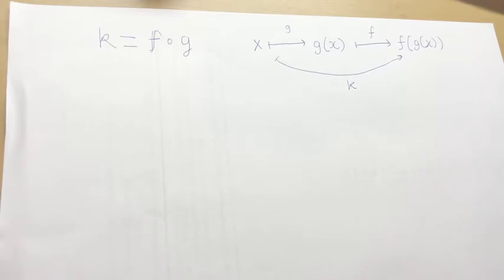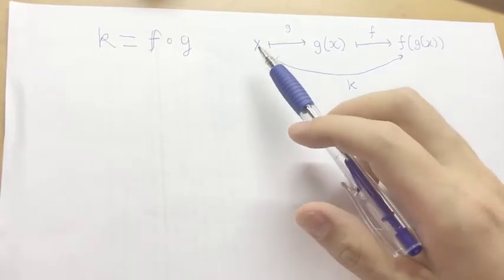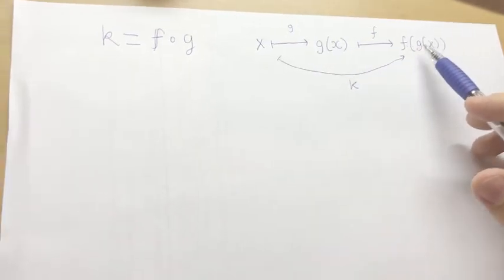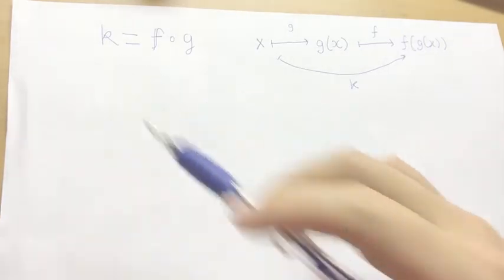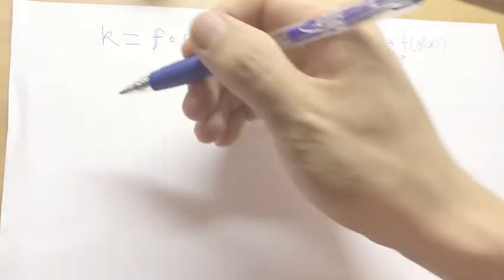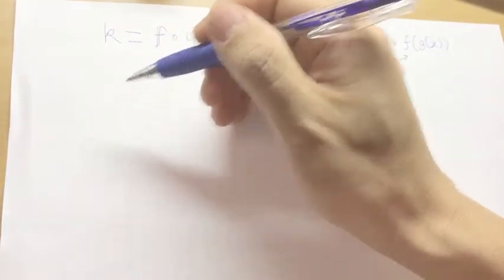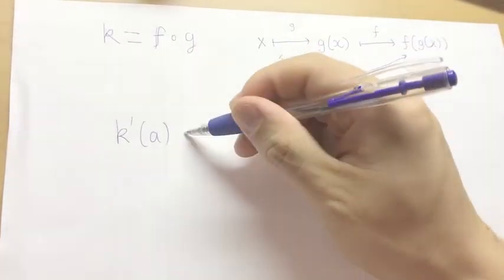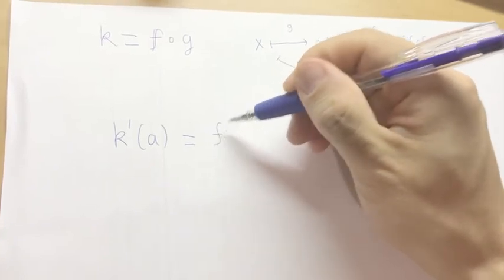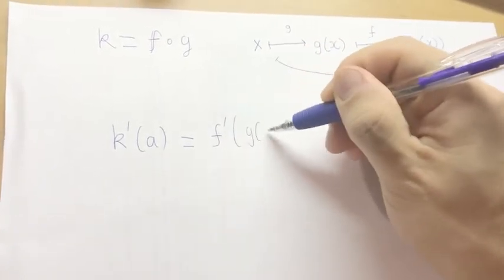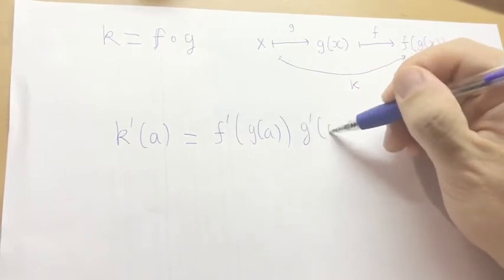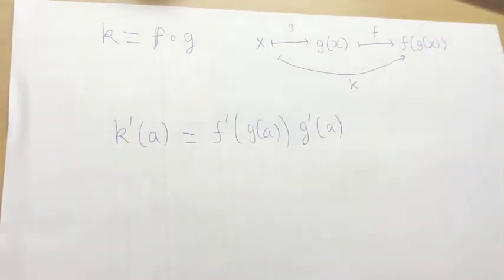Alright, so if we take some point a in the domain of g and it feeds into the domain of f under g of a, then we say that k prime of a is equal to f prime of g of a times g prime of a.